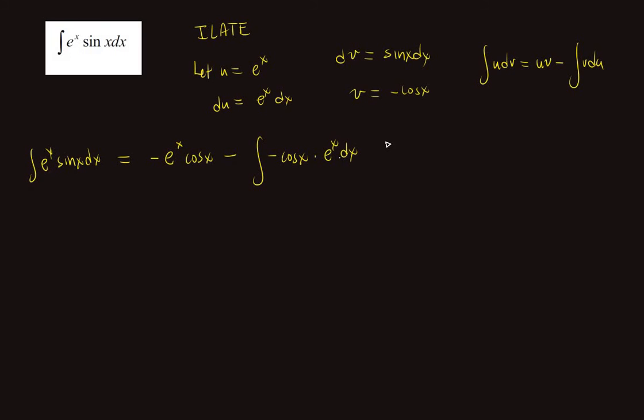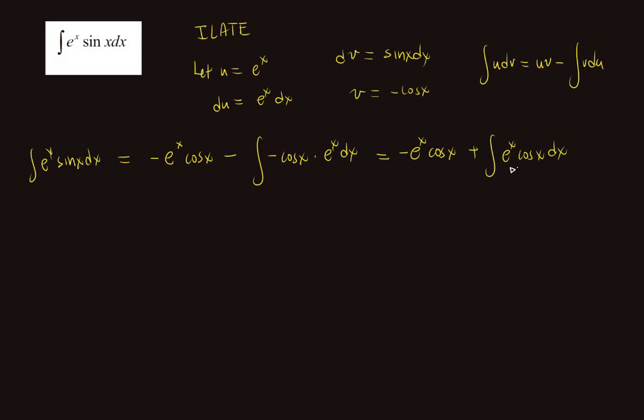If we arrange this again, it's going to be minus e to the x cosine of x plus, because this minus sign and this minus sign cancel, the integral of e to the x cosine of x dx. Well, this one doesn't look like the original, so that twist is not going to happen now, but it will.